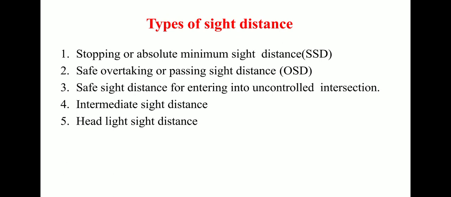All these 5 types of sight distances we will be studying in depth one by one. The computation of sight distance mainly depends on the reaction time of the driver, the speed of the vehicle, and the efficiency of the brakes.